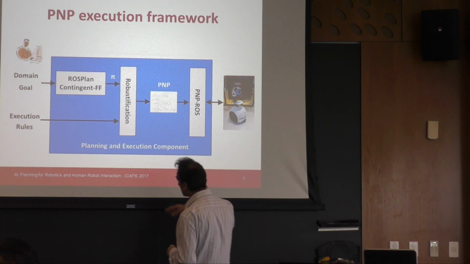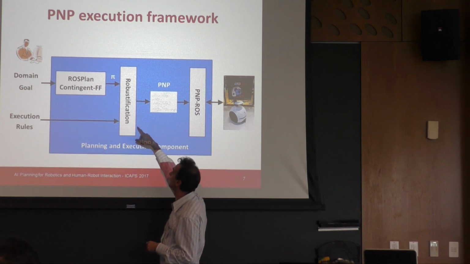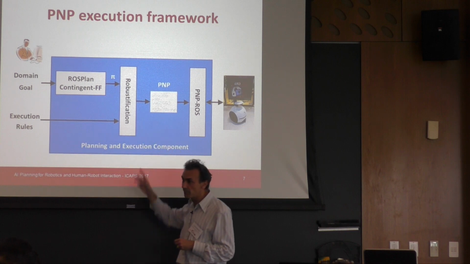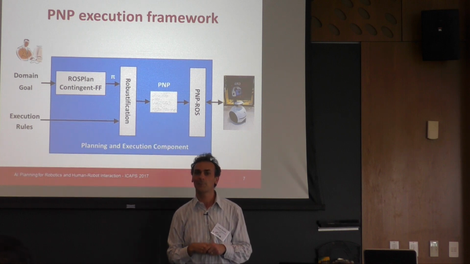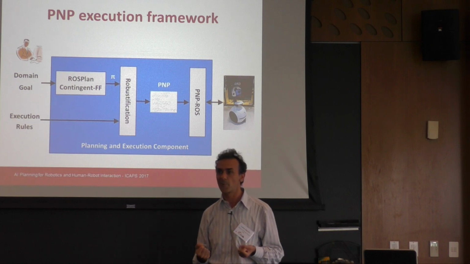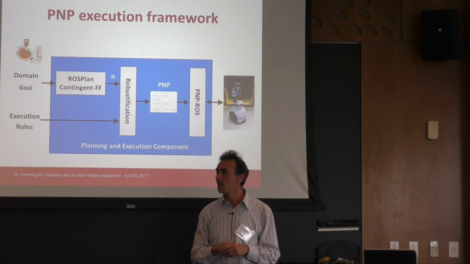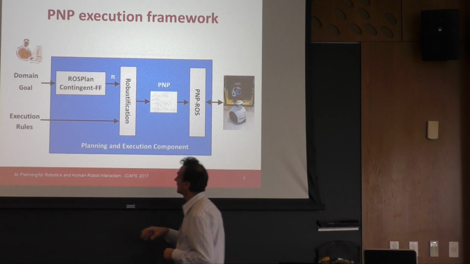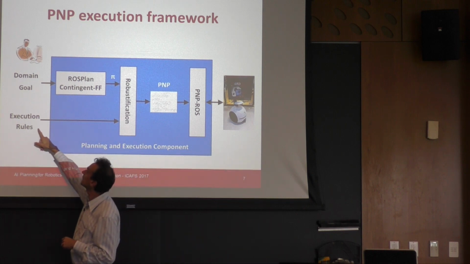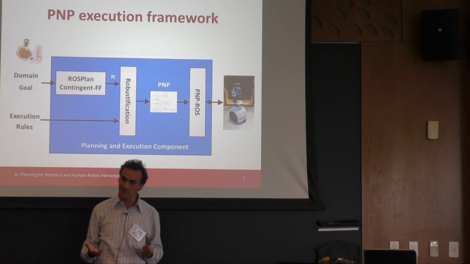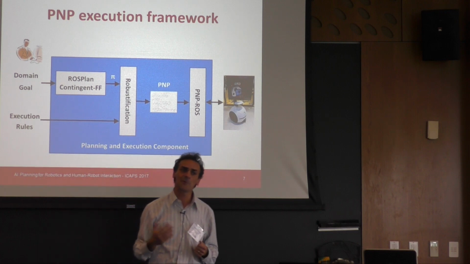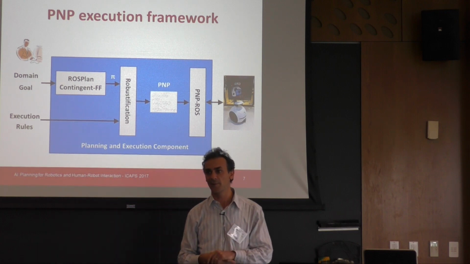So what we do is to add these execution rules that are then merged in the PNP, and these execution rules are able to specify the behavior of the controller, that will be the PNP, when something goes wrong. The feature of these execution rules is that they can use some variables that are in the planning domain, but they can also use variables that are not in the planning domain.